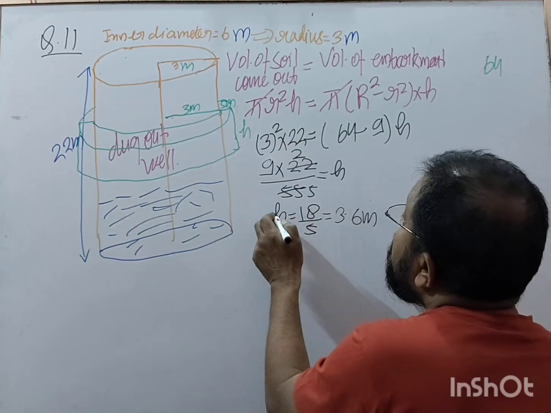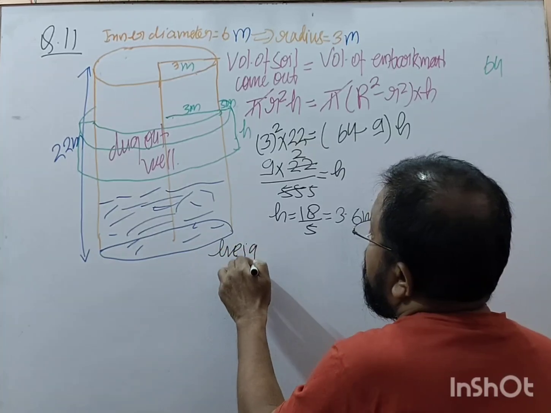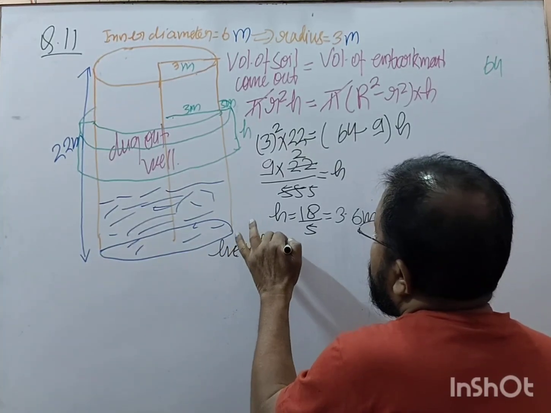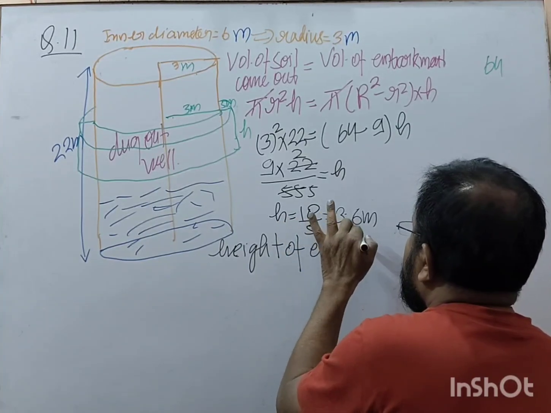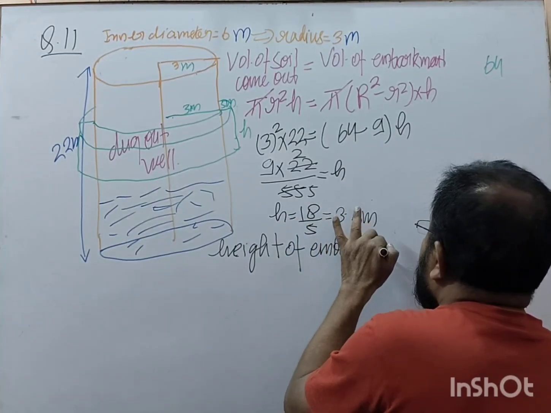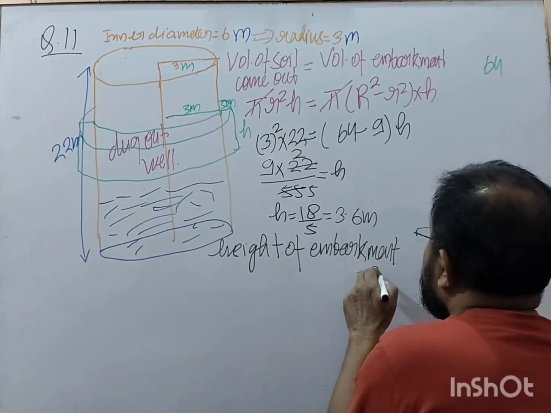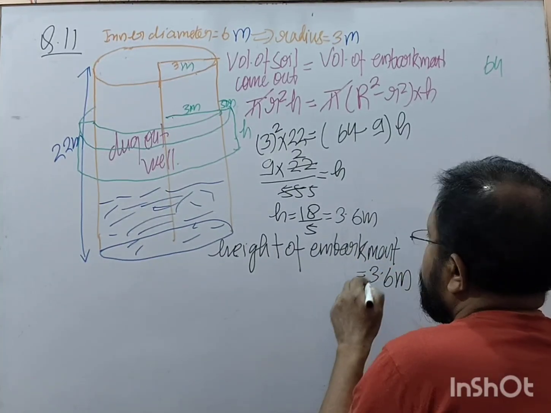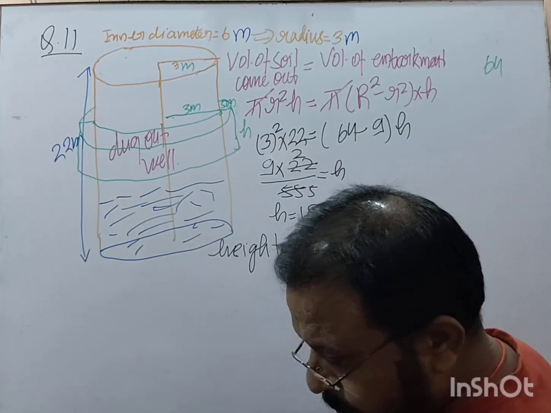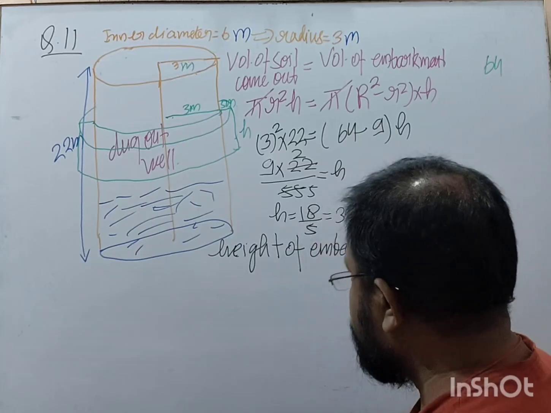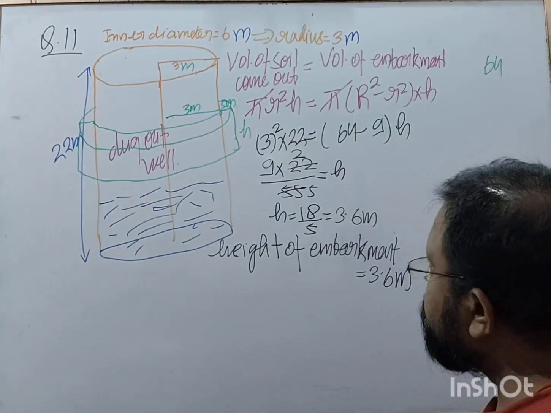So the height of embankment is equal to 3.6 meter. Right? This is the answer of your question.